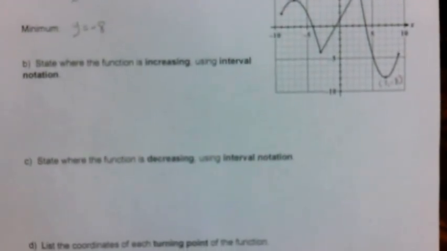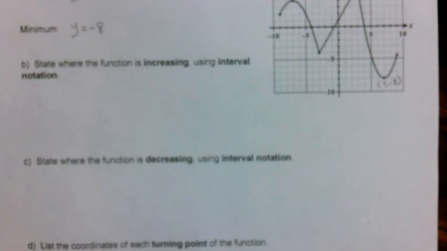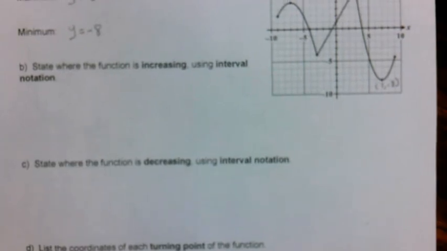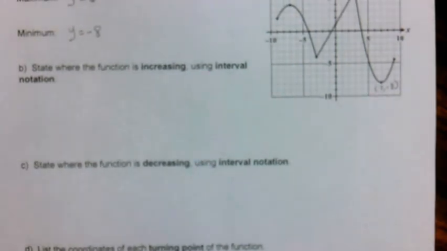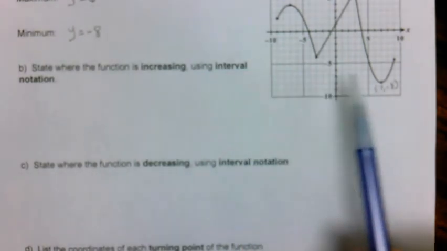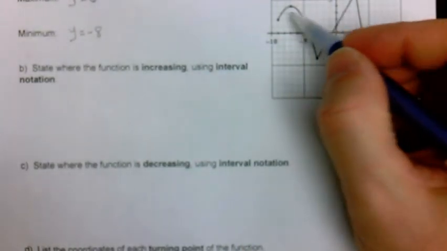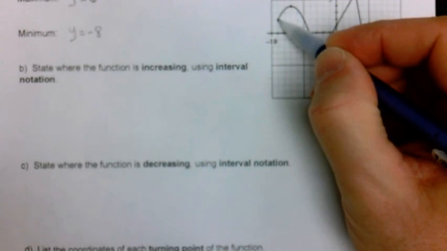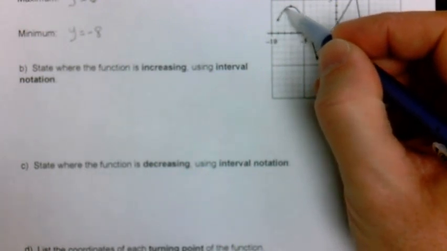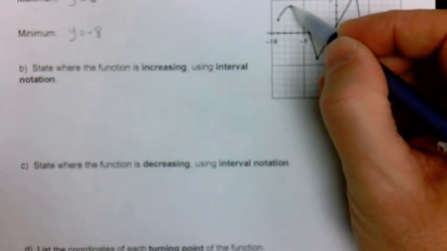Letter B, state where the function is increasing and use interval notation. Where is the function increasing as we move from left to right? So here we are at the beginning, okay? And so the function starts right here, and as we move from left to right, it increases until you get to this point right here.